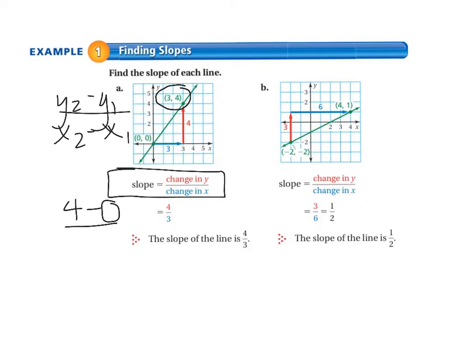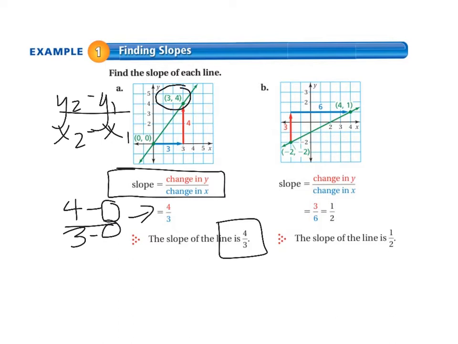So I have to start with this as being the x2. So I'm going to take 3 minus 0. And so this is where they come up with their 4/3. So the slope of the line is 4 over 3. It's pretty easy to do that subtraction when you've got a point at 0, 0.